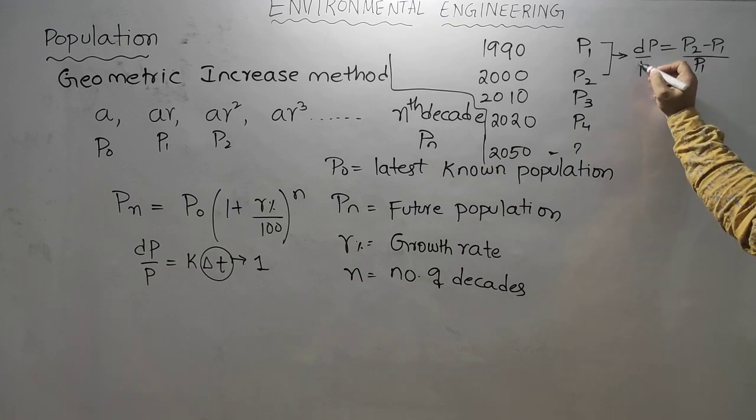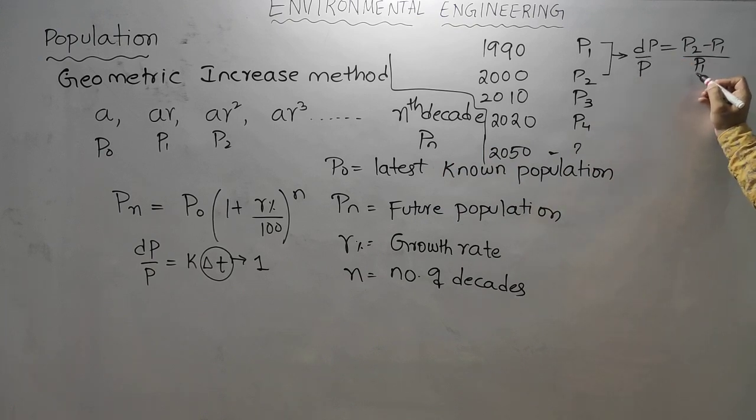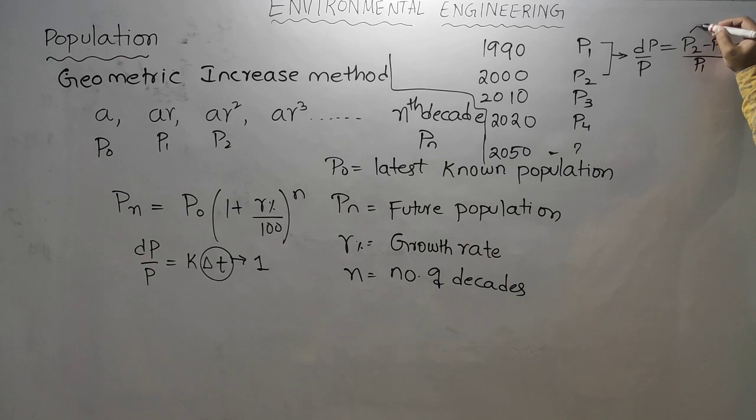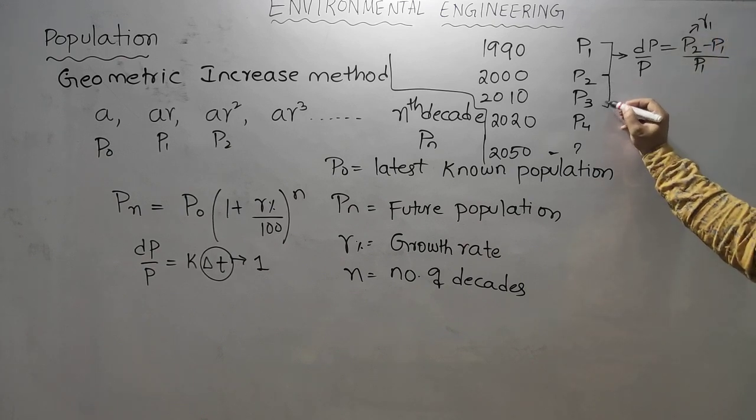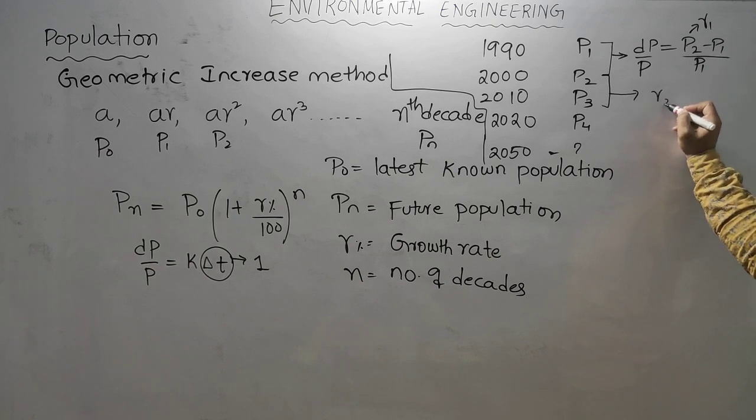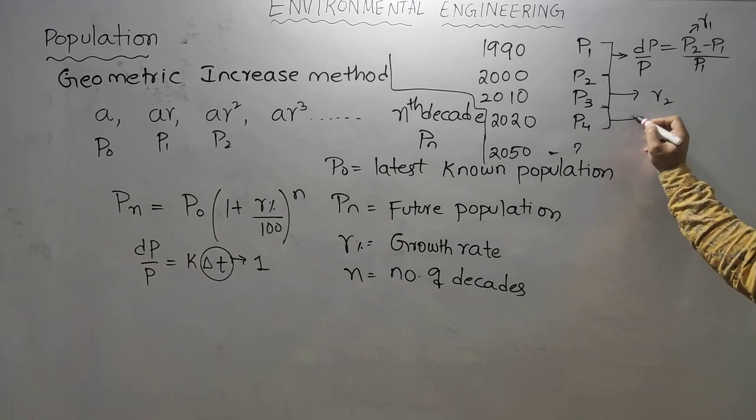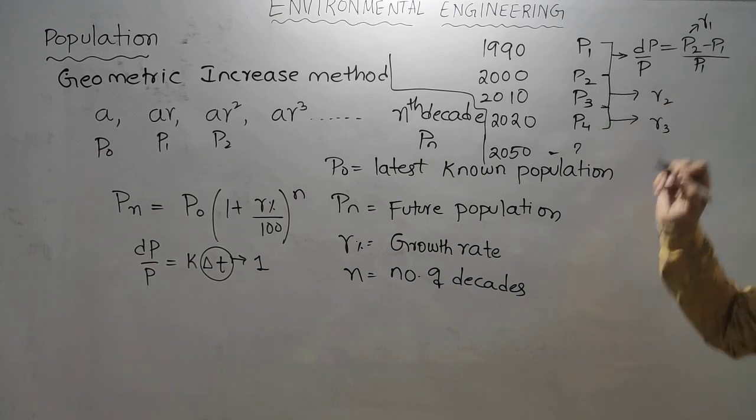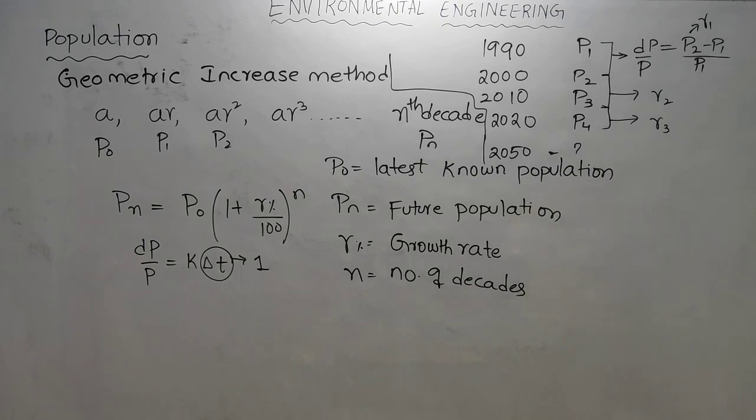Similarly there will be r2 and r3. So r1, r2, r3 we can determine using the formula dP/P, where delta t is 1 decade.